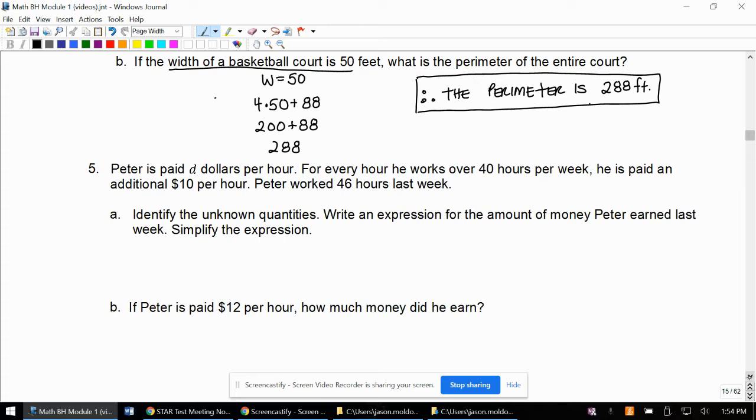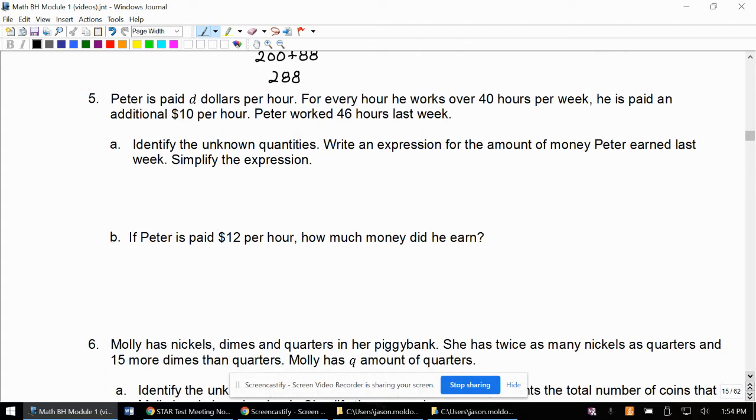Number 5. Peter is paid D dollars per hour for every hour he works over 40 hours per week. He's paid an additional $10 per hour. Peter worked 46 hours last week.